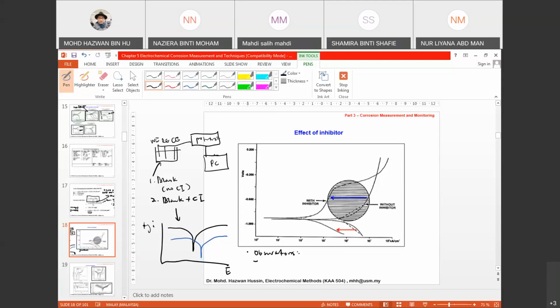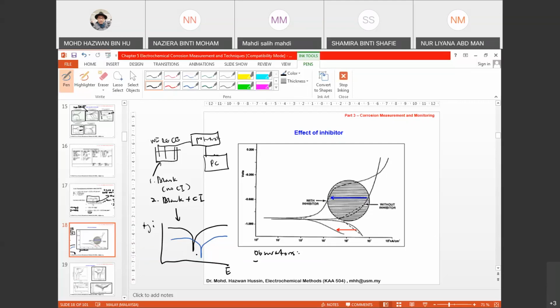Maybe Mariam? What can you observe, just from this curve? Not sure, Doctor. Okay, I'll tell you. When you add the inhibitor, I just give you an indication that it shows reduction? Is it a reduction process?